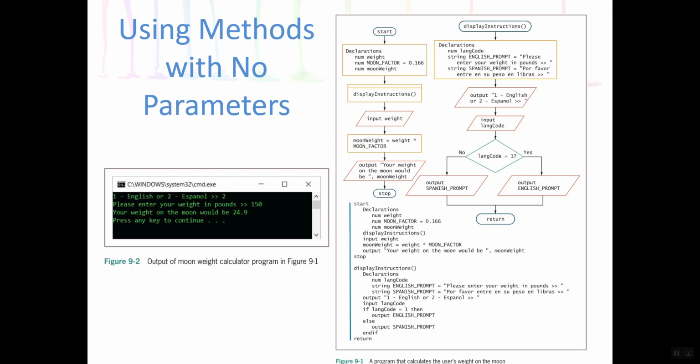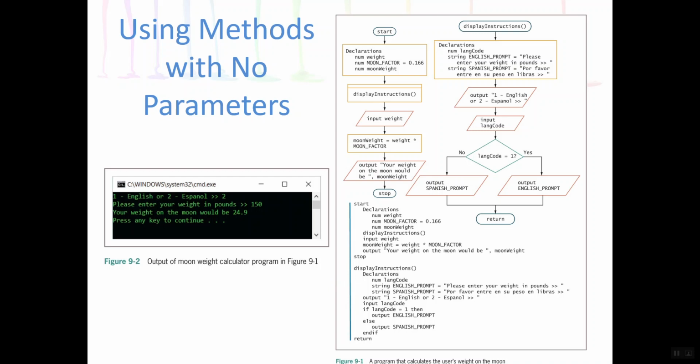So we're going to ask them to type 1 for English and 2 for Español. And based on the language code that the user types, we will either output the prompt, please enter your weight in pounds in English, but if they type that it is a number 2, they speak Spanish, we'll give them the alternate prompt in Spanish.